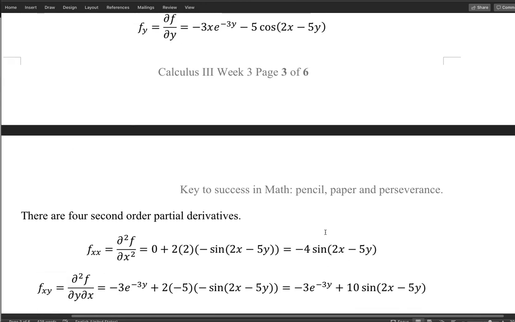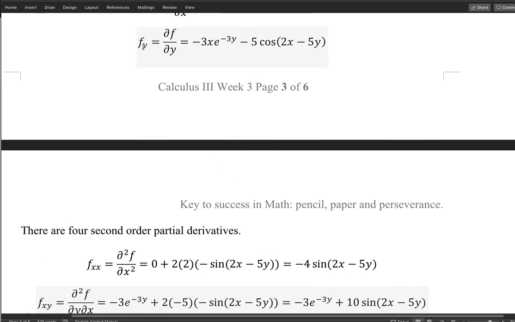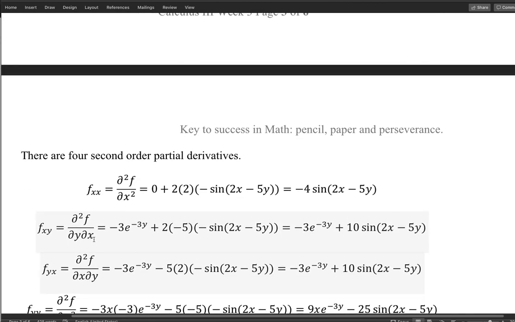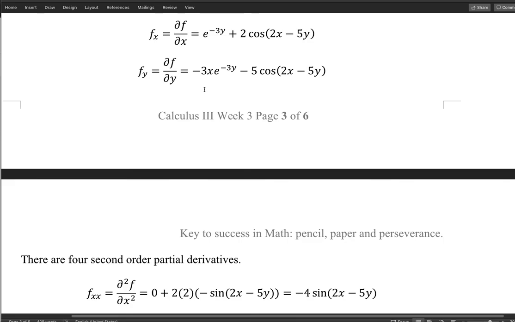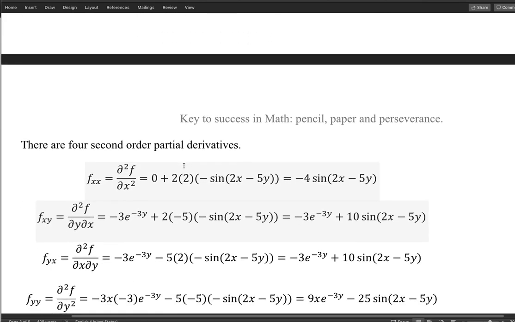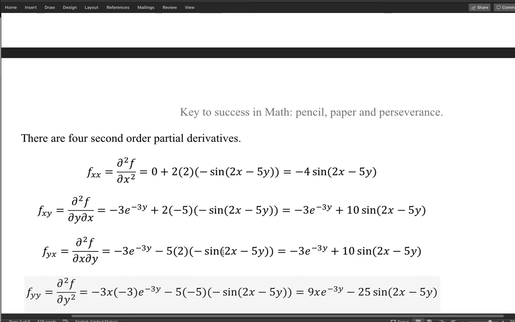Let's take a look at f sub y again. I did fyx already. And I can also consider the partial derivative with respect to y again, fyy. Starting from here, negative 3x stays, and you have another negative 3 from the chain rule. Certainly the exponential term stays as it is.